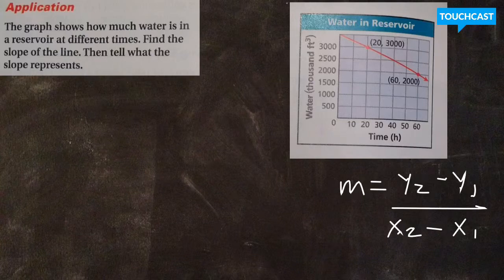Now, we have two ordered pairs given in the graph. We have the ordered pair 20, 3,000, and we have the ordered pair 60, 2,000. So let's write out those ordered pairs.